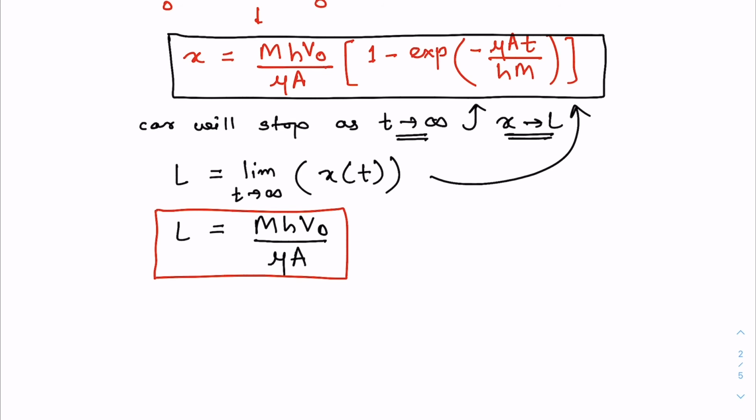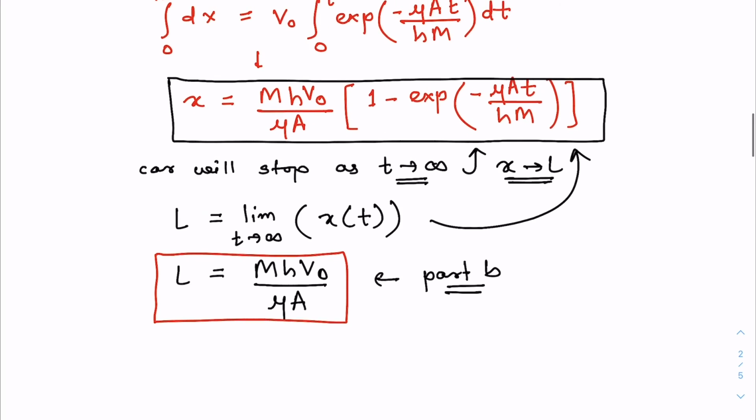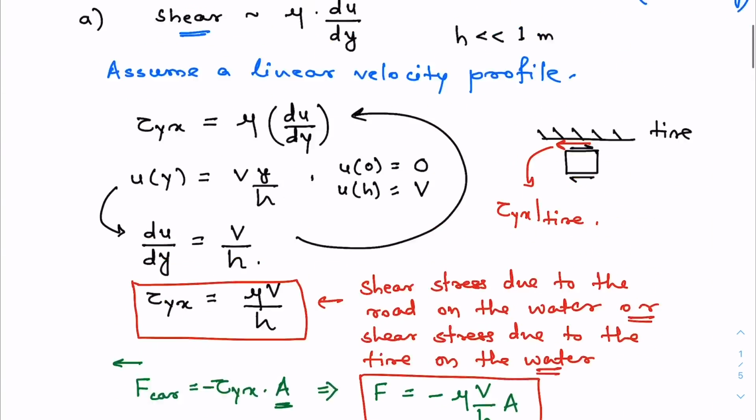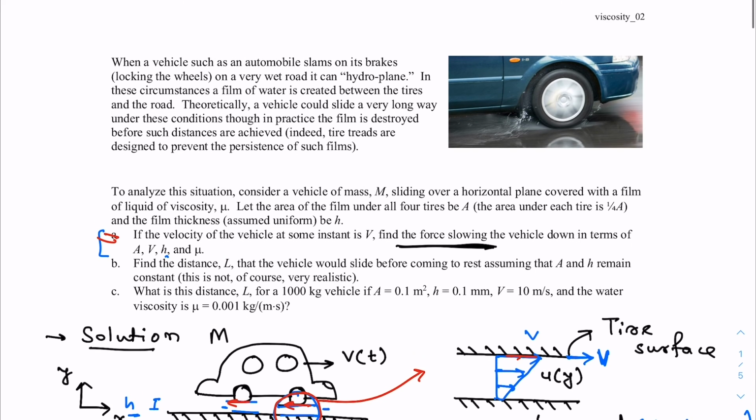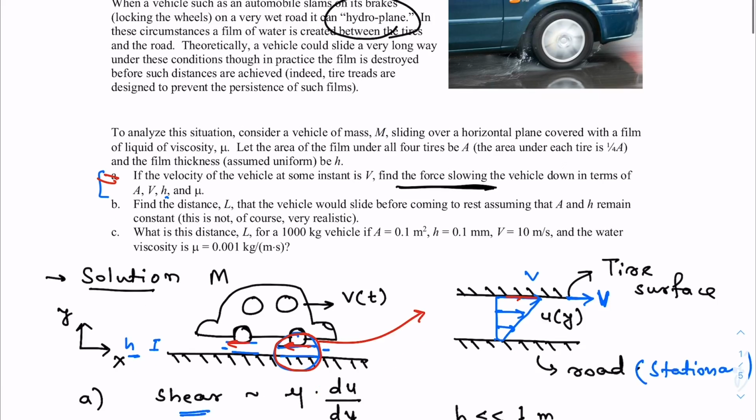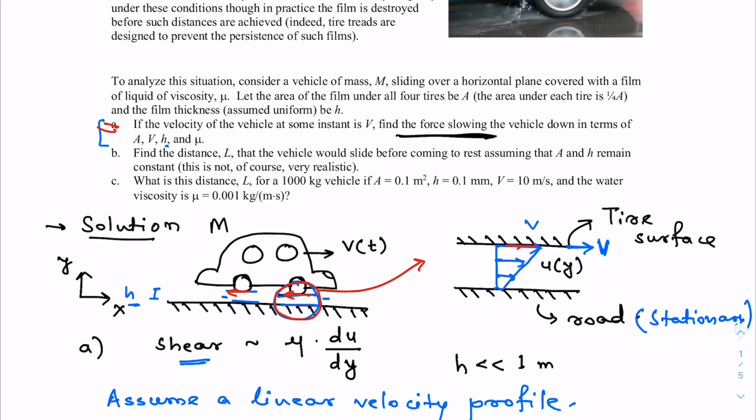So this is the answer to part B, which is the stopping distance L as the vehicle hydroplanes. Now in part C, we are just asked to find this distance L for the given mass of the vehicle, area of the tires, film thickness, and the initial velocity.